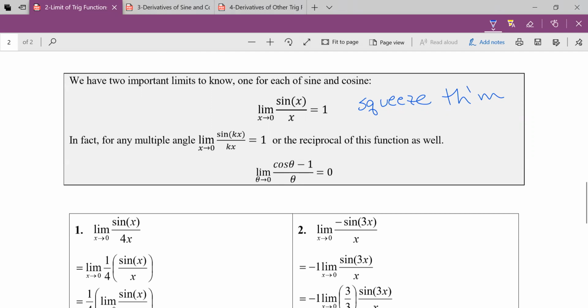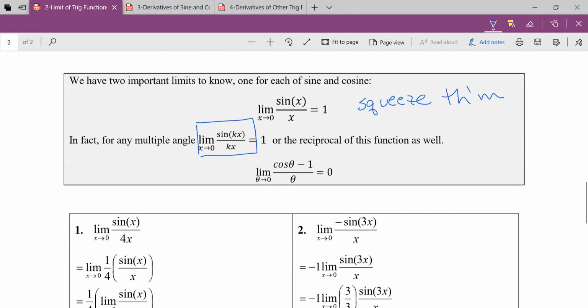The other thing I want to note about this limit is it works for any multiple angle. So if it's sine of kx over kx, that's also equal to 1, or the reciprocal. If we flip this limit, the limit as x approaches 0 of x over sine x, that's also equal to 1. So something to keep in mind.